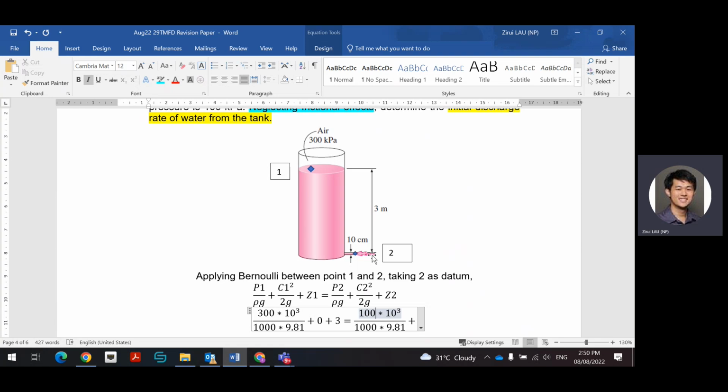I don't care how fast the water is shooting at point 2. It might seem very pressurized. No. The fact is anything that comes out from the pipe exposed to the atmosphere is only at atmospheric pressure. If you have a hose at home, you use your thumb to block it and you feel like higher pressure, right? Actually, it's not correct. What you are feeling is the velocity, not the pressure. Understand? Anything exposed to the atmosphere must be at atmosphere.